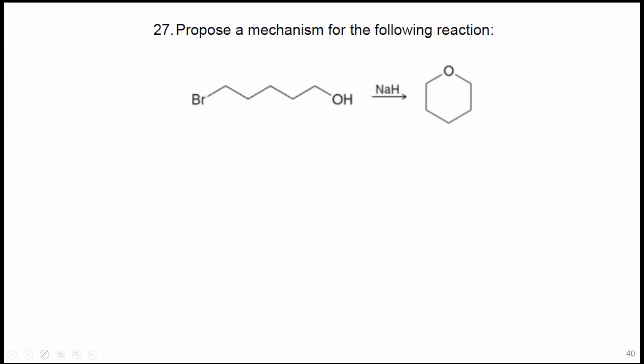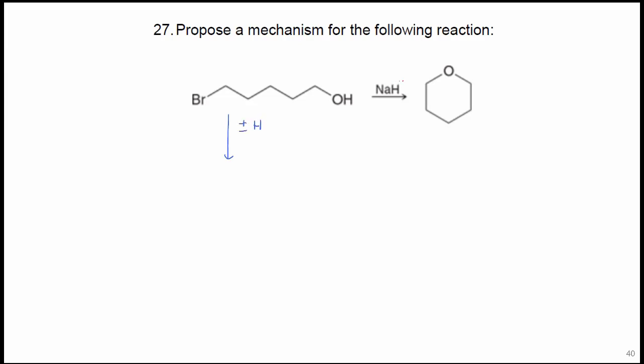All right, here we're looking at mechanisms, and we're looking to make this cyclic structure here using sodium hydride, and we have an alcohol in place. Our first step is going to be a proton transfer.